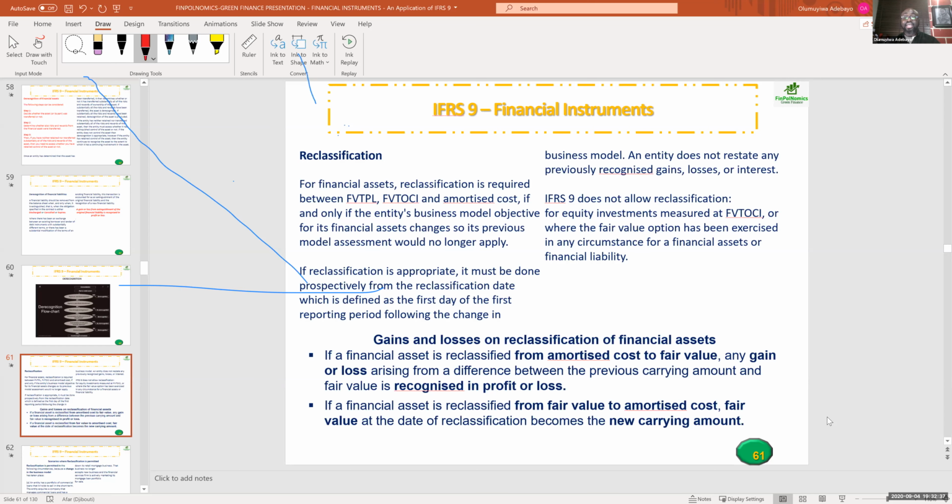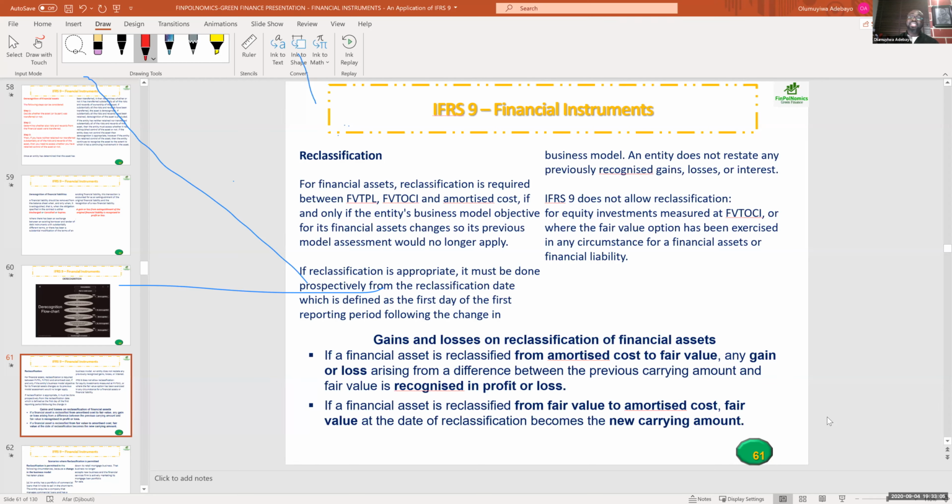Now, in this case, the only reason why you can reclassify is a change in business model, which means if the business model has not changed, you cannot reclassify. For example, if I have a debt security which has contractual cash flow, and by default, upon my initial recognition, it was classified as amortized cost.